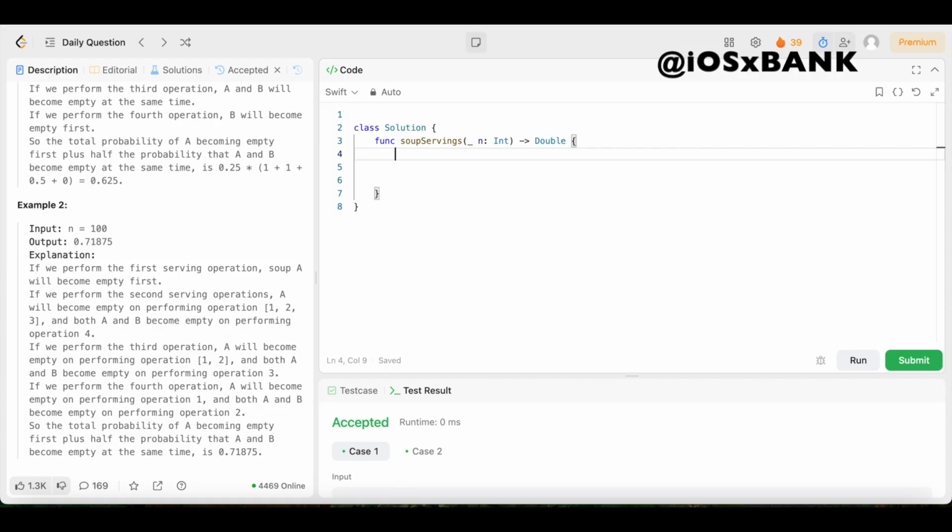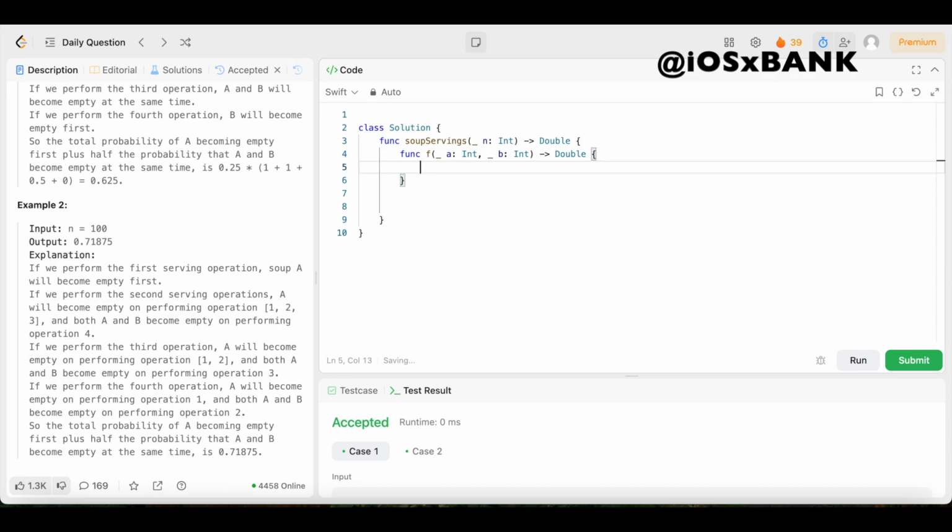So we could just declare another function called F. We're going to open up the parentheses and say _A colon integer, comma, _B colon integer. And then outside of that we're going to return a Double.